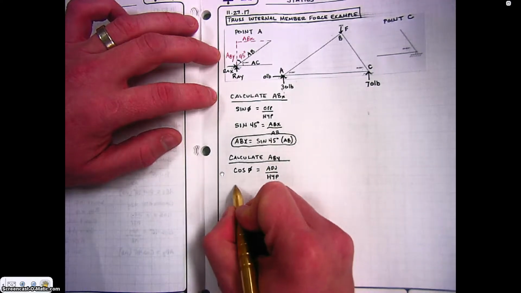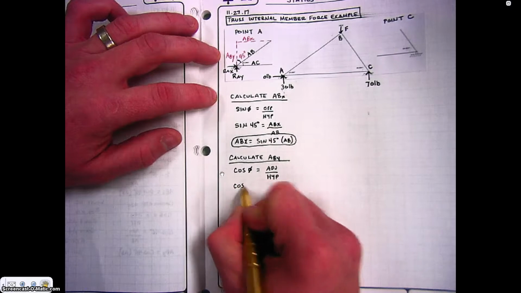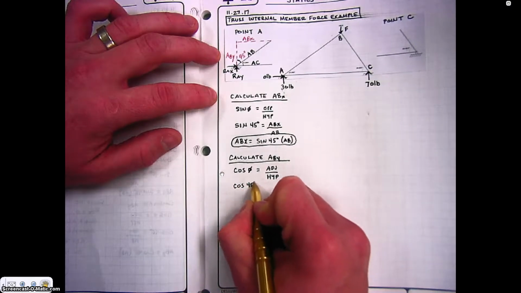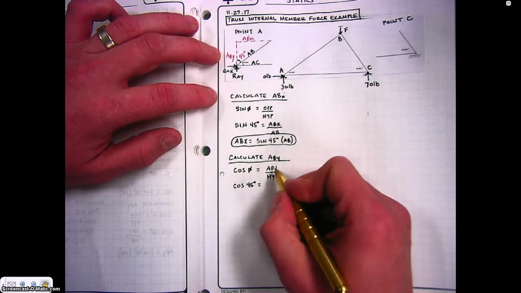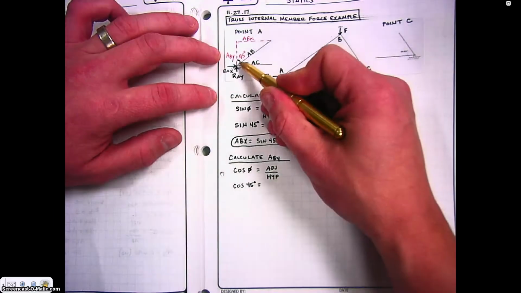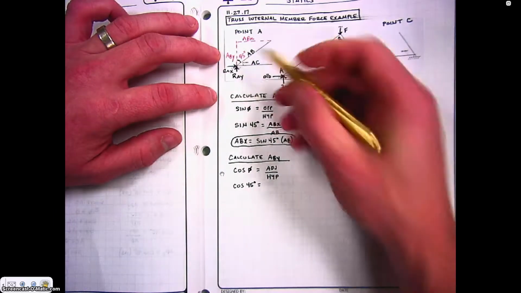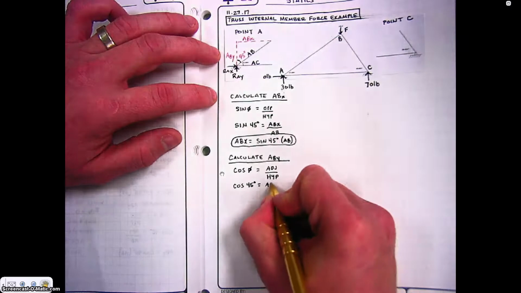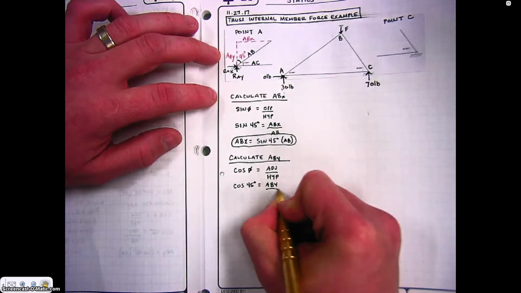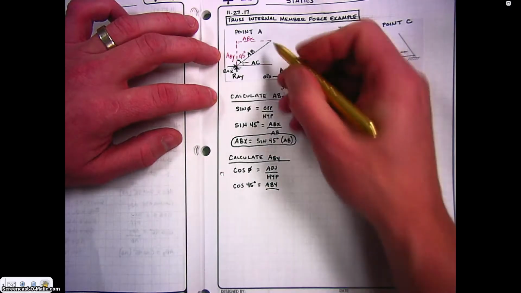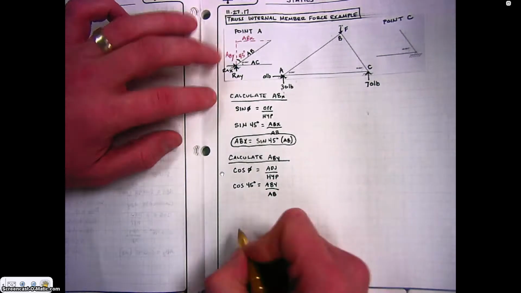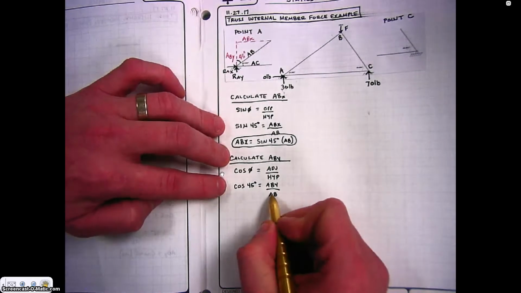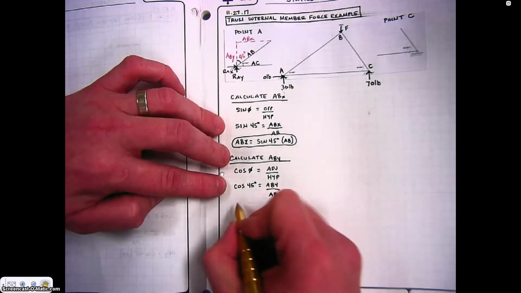Substitute: the cosine of 45 degrees is equal to the adjacent, which is ABY, over the hypotenuse, which is AB. We'll do algebra to get ABY by itself.